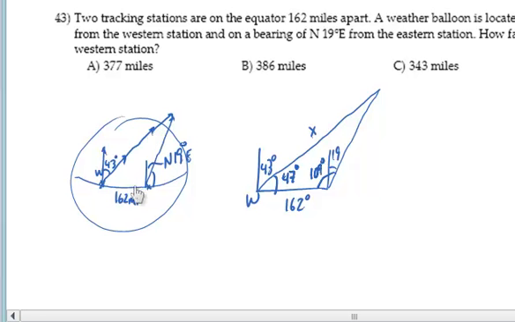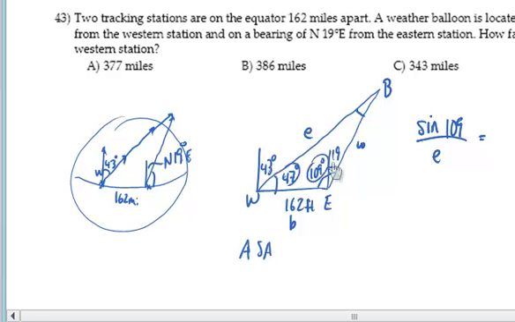Now we have angle, side, angle, and we'll label our drawing as WEB. The side we're looking for is lowercase e, this is lowercase w, and this side here, which is 162 miles, is lowercase b. We compute our other angle B as the difference of 109 and 47 from 180.